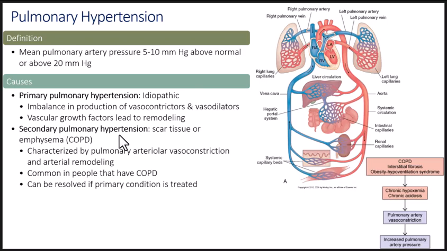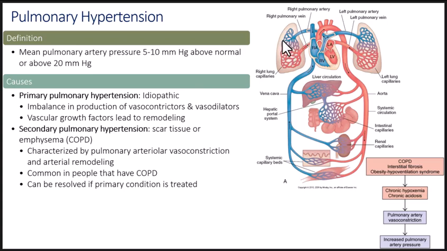Secondary pulmonary hypertension oftentimes is caused by the presence of scar tissue, or somebody has COPD. So we'll learn later in this course that emphysema is a component of COPD. Anytime we have diseased lung tissue, that diseased lung tissue is going to have a more difficult time oxygenating the blood.